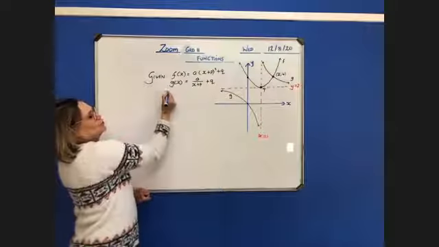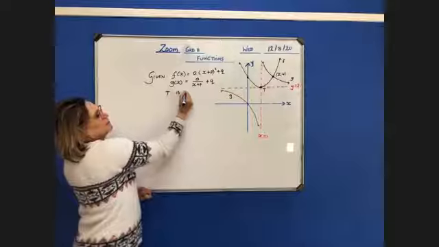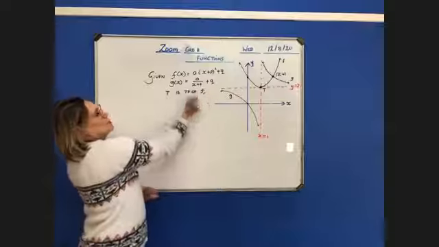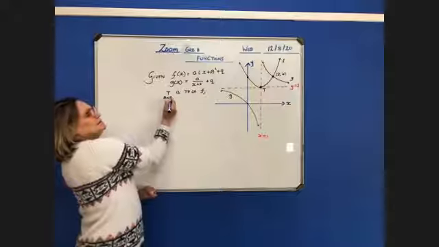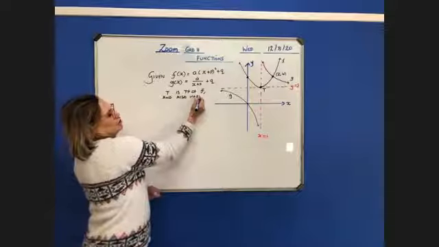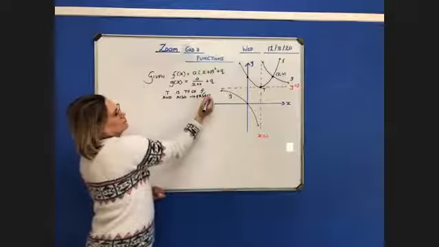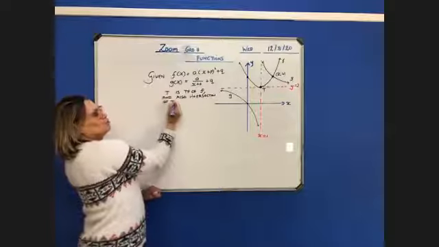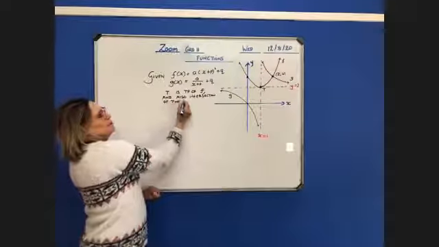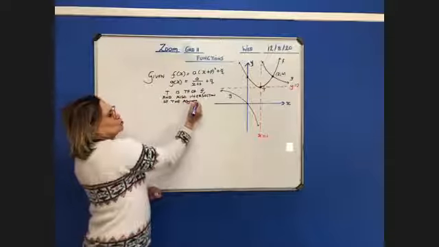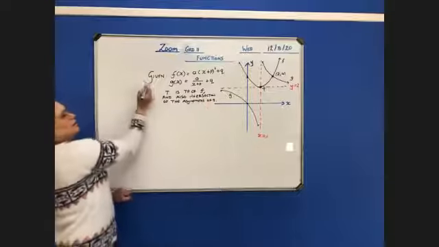They did also mention that T is the turning point of the parabola F, and it is also the intersection of the asymptotes of the G graph. That's the hyperbola. So it's the point of intersection of the asymptotes, plural, of the G. Okay, so that's what was given.